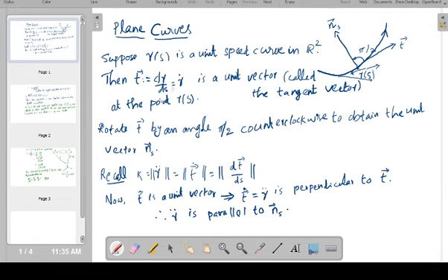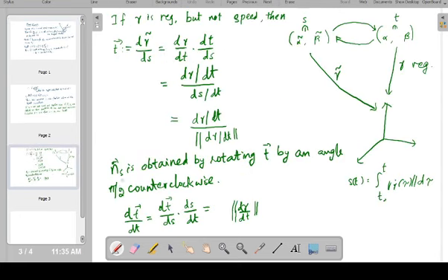So you have gamma double dot of s here. But what is gamma double dot?